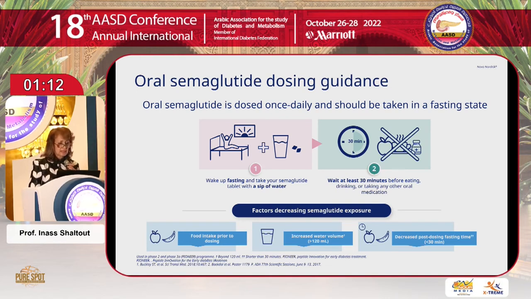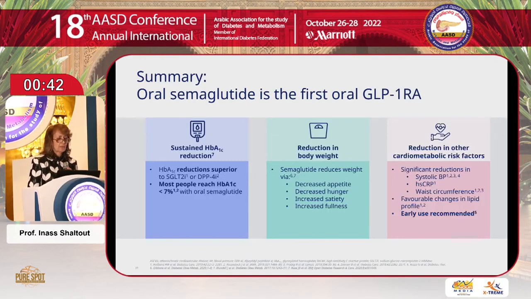Factors decreasing semaglutide exposure: food intake prior to dosing, which is not recommended; increasing water volume more than 120 milliliters, so we need to take up to 120 milliliters, or half a glass of water; and decreased post-dosing fasting time, if we take it and don't wait for 30 minutes.